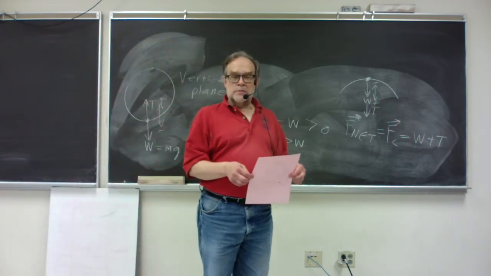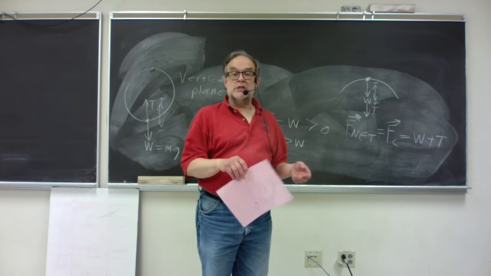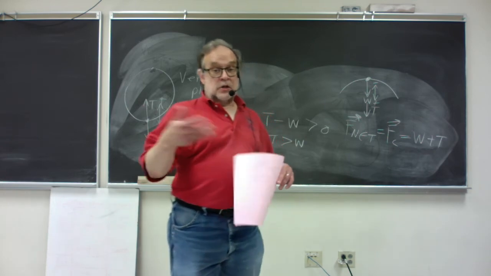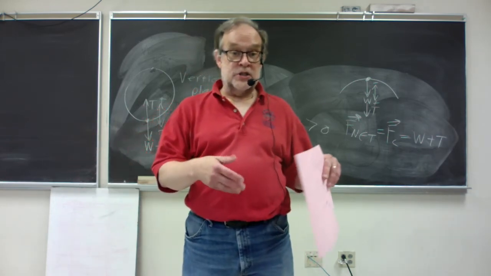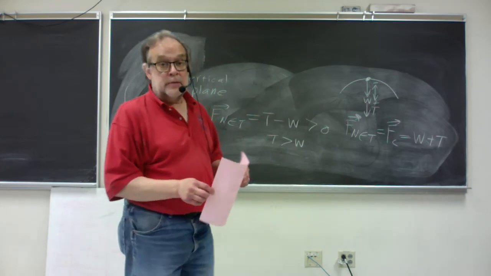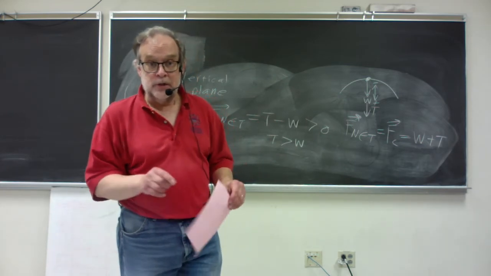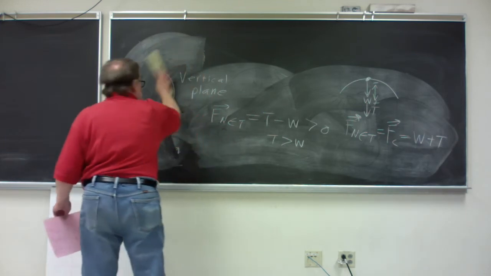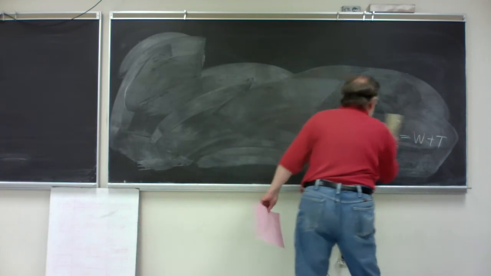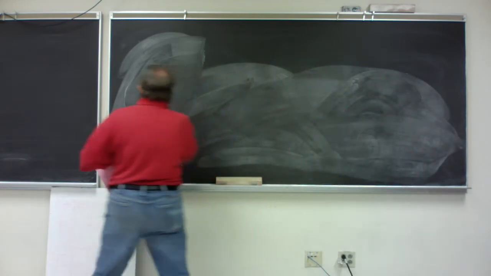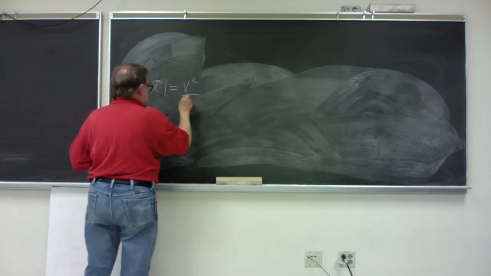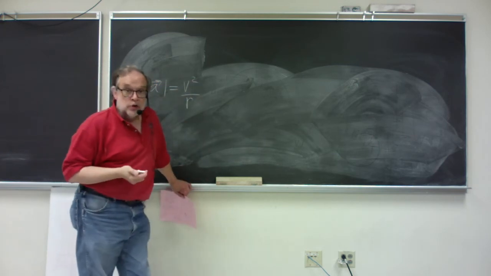Now, like any net force, the centripetal force causes acceleration in the same direction, and since this acceleration is caused by a centripetal force, we call it a centripetal acceleration. And we actually have a nice rule for calculating the magnitude of centripetal accelerations. It looks like this. The magnitude of a centripetal acceleration is just speed squared divided by radius of the circular path.